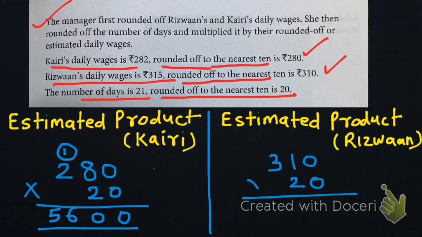So 2 zeros right here, and then multiply this 1 by 2, it will give you 2, and then multiply 3 by 2, it will give you students 6. Okay, so our answer is 6200. That's how you find estimated products.